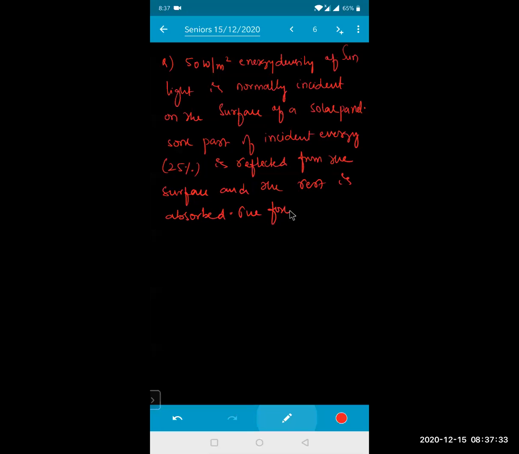The force exerted on 1 meter square surface area will be close to, take C equals 3 into 10 to the power of 8 meter per second. This one was also asked in the 2019 JEE Mains question.